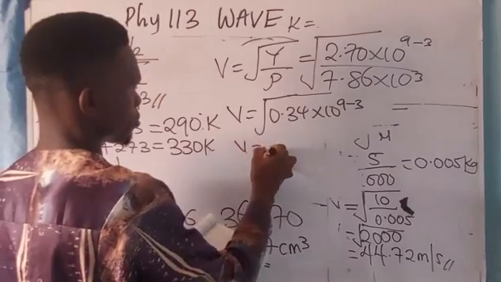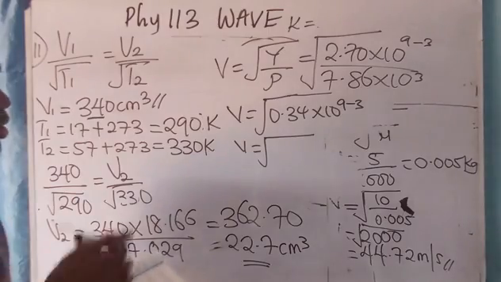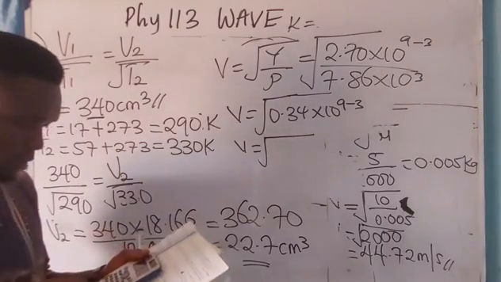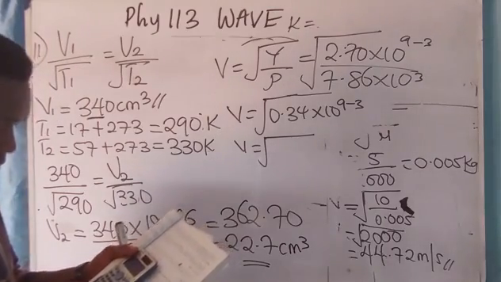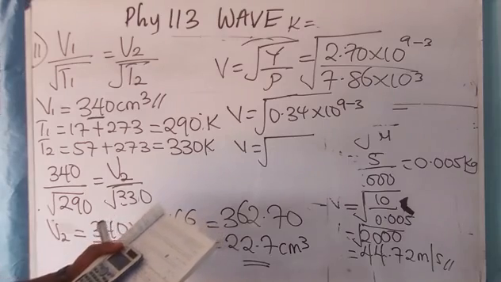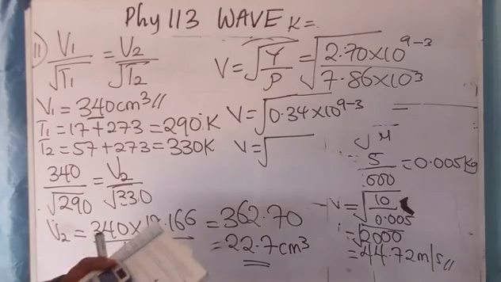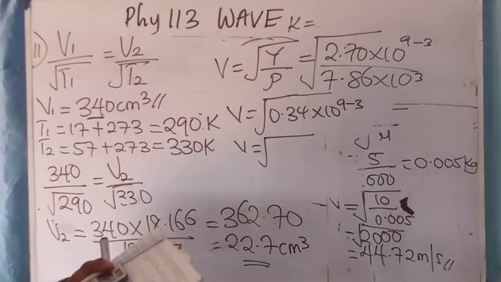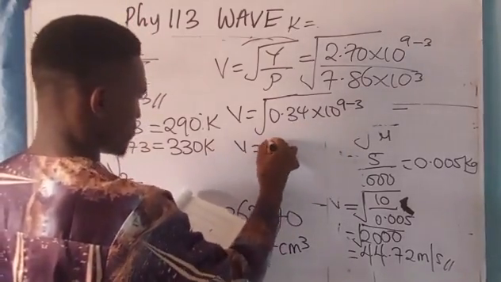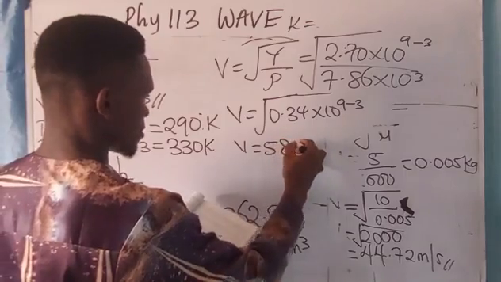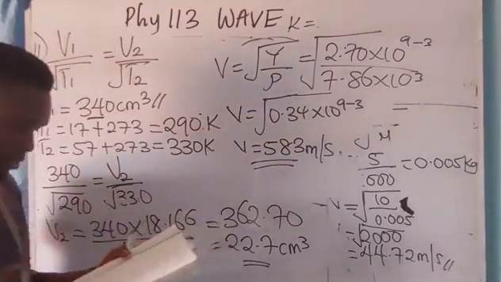So V equals the square root of 0.34 times 10 raised to power 6 equals 583 meter per second. So that is the answer.